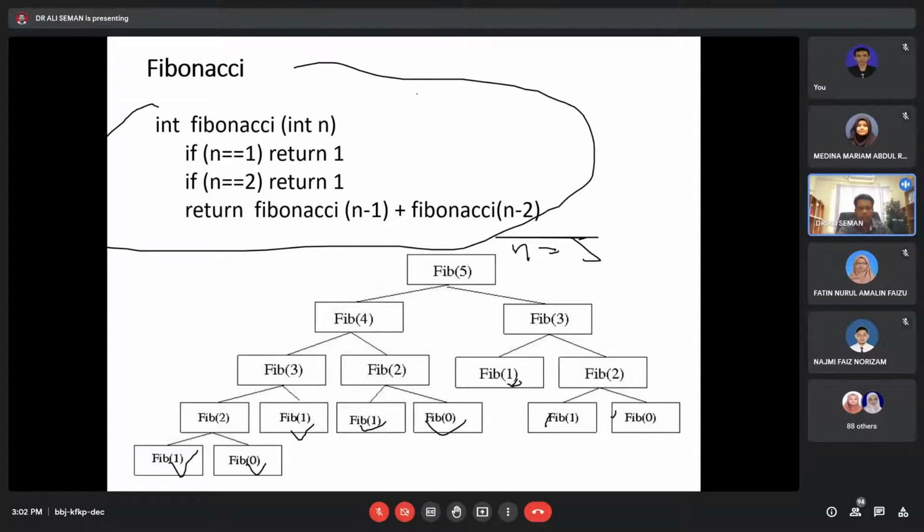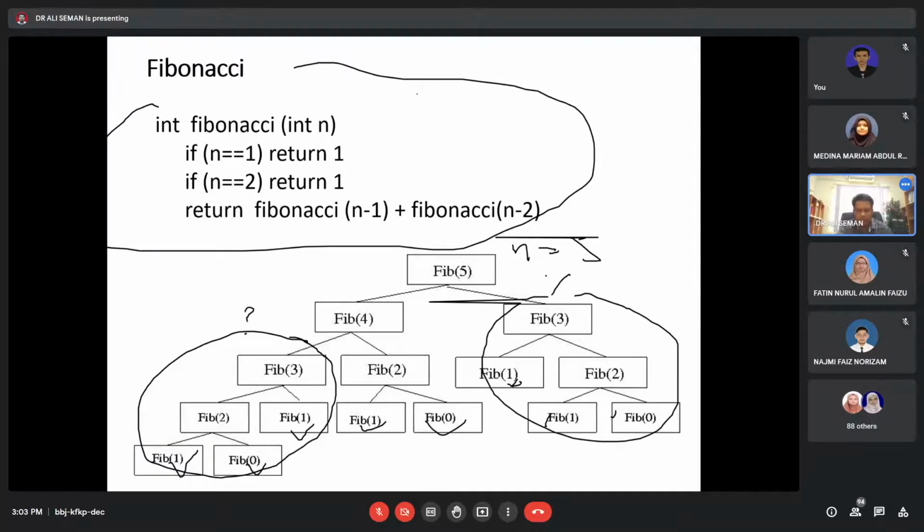But from here, you may observe a duplication or overlapping problem, where Fibonacci 3 here, after we solve this sub problem, we have a solution here. Let's say the result here, and finally in this other part we have also Fibonacci 3 with the same value. So this is called the overlapping sub problem.